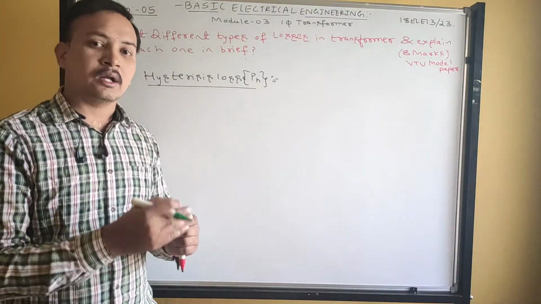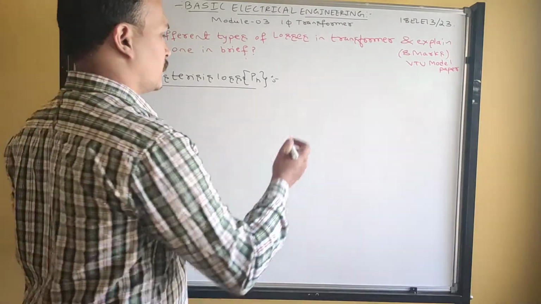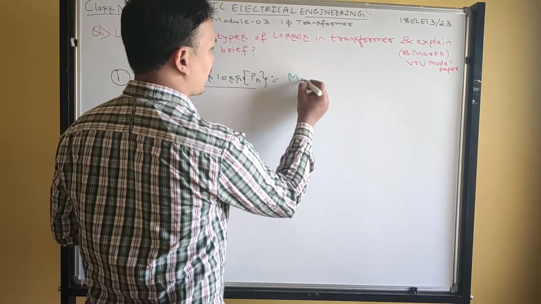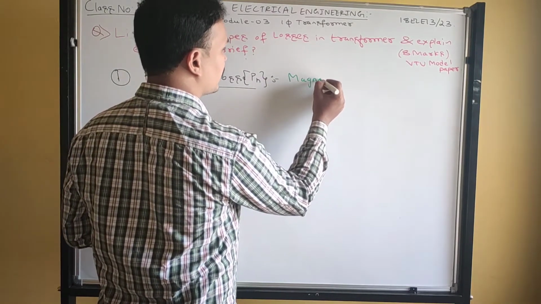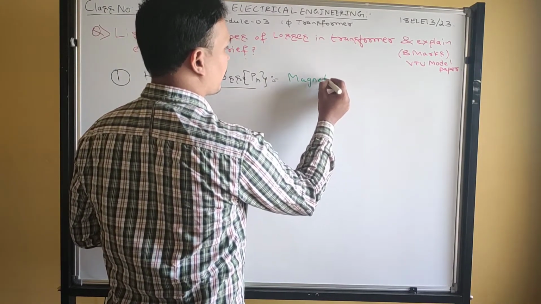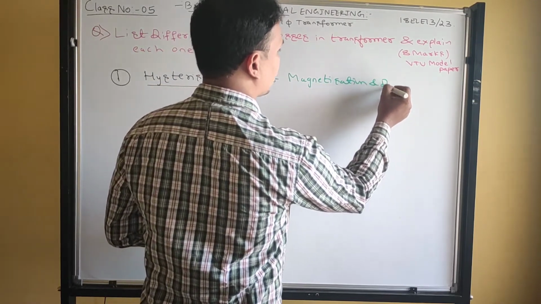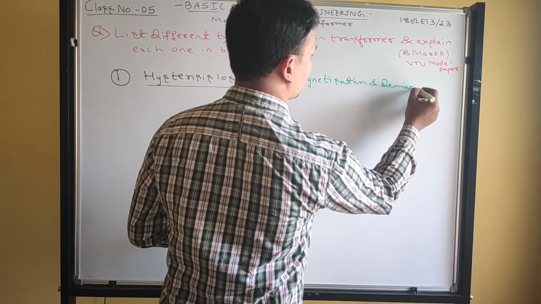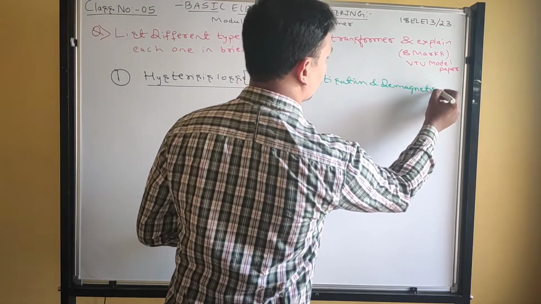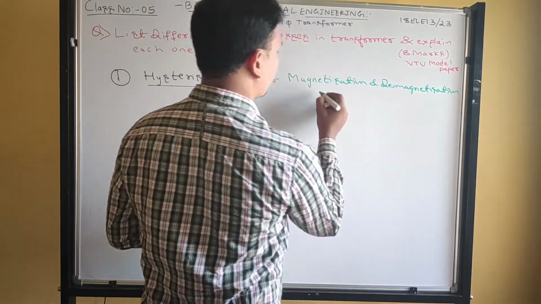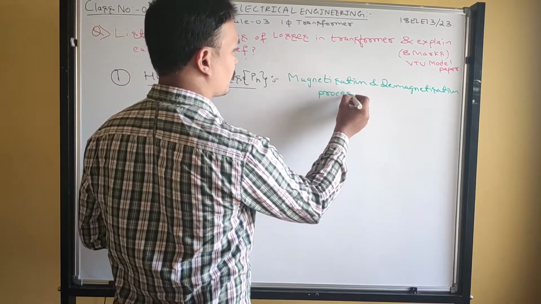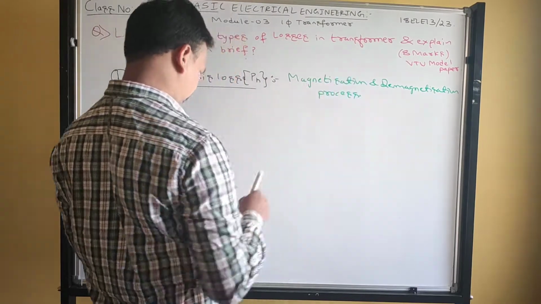That current undergoes a cyclic process of magnetization and demagnetization. This word is very, very important. Magnetization and demagnetization process.